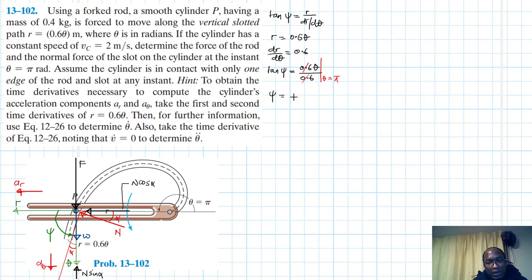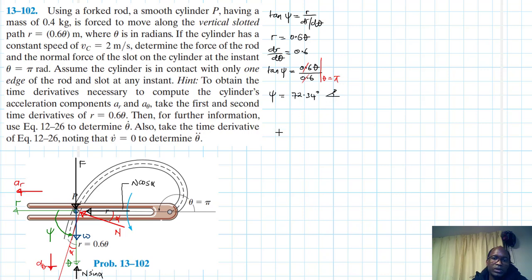Okay, and this just gives us 72.34 degrees. And this one is clockwise. Okay, it's like this.